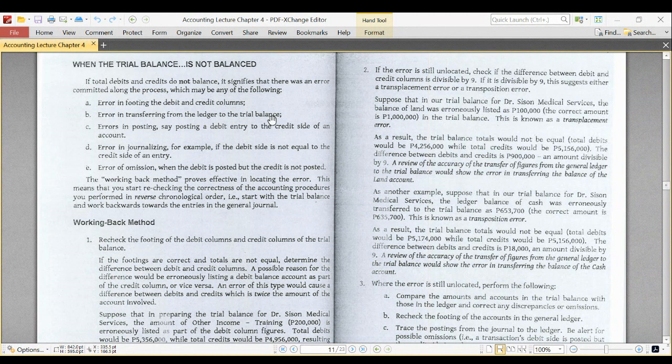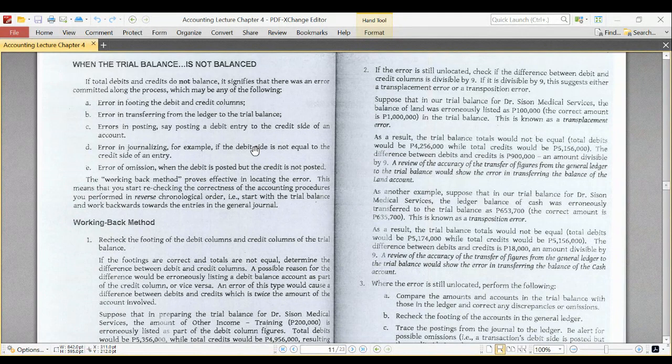O ngayon, na-check mo naman, hindi pa rin balance. O, baka, upon posting, the entry to the debit side might have been transferred to the credit side. So, meron kang error in posting. Error in transferring from general ledger to the trial balance.